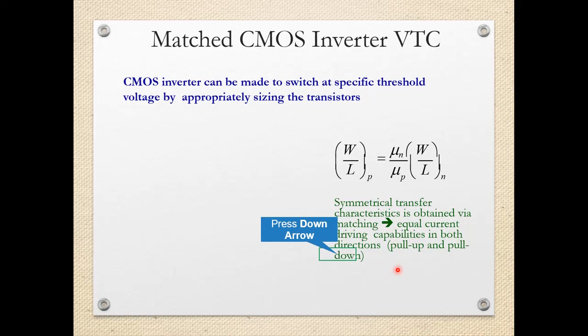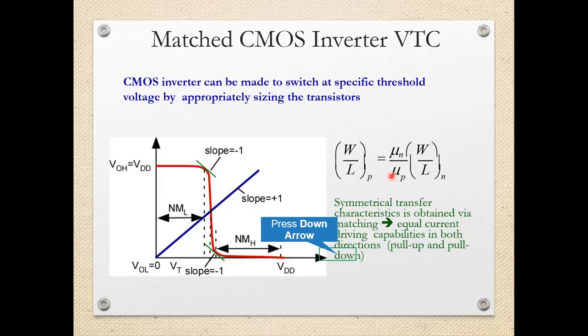Now for the proper operation of the CMOS inverter, we should have the matched CMOS inverter, which we can find out from the voltage transfer characteristic. A CMOS inverter can be made to switch at a specific threshold voltage by appropriately sizing the transistors. So by properly designing the layouts of the P MOSFET and N MOSFET, we can achieve the matched VTC, that is the voltage transfer characteristic.